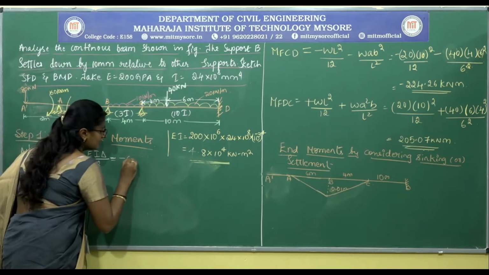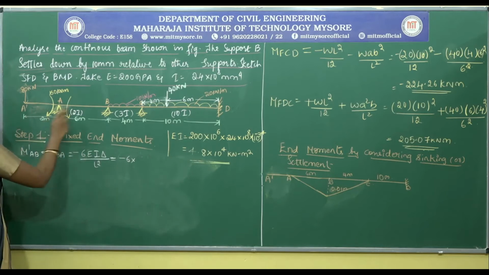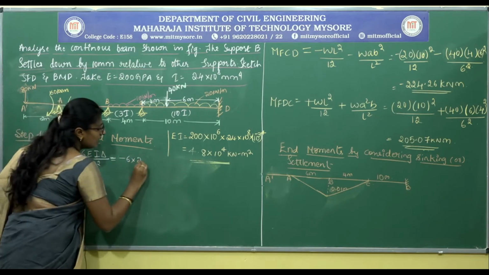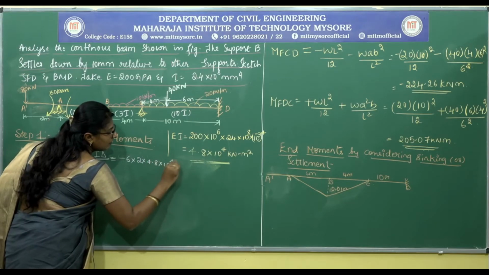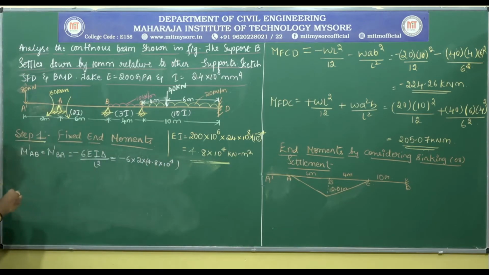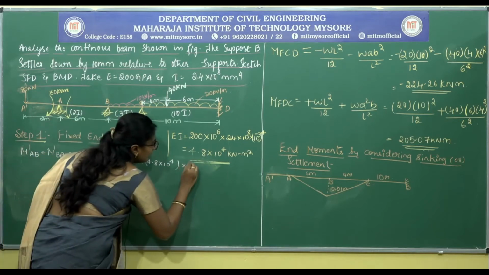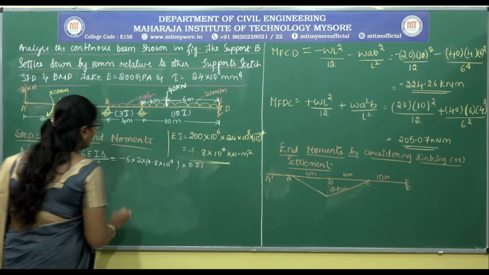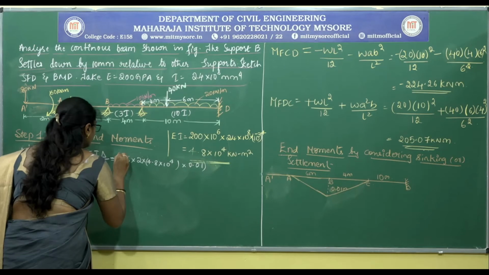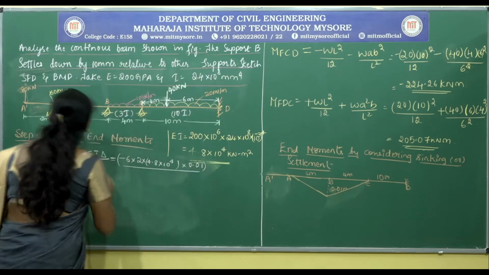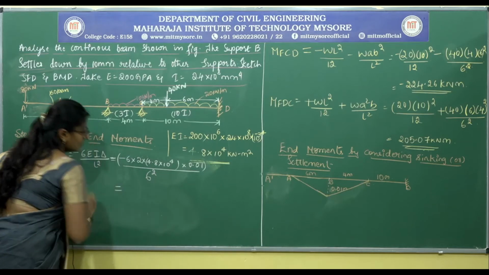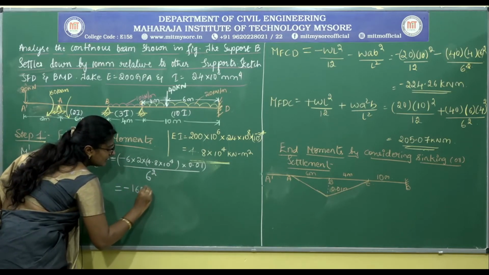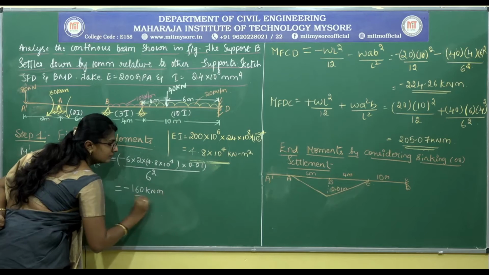It is minus 6 into, for span AB, EI is 2 EI, 2 into EI calculated as 4.8 into 10 power 4. Then what is delta? Delta value is 0.01 meters divided by the length for span AB, 6 meters square, minus 160 kilonewton meter.